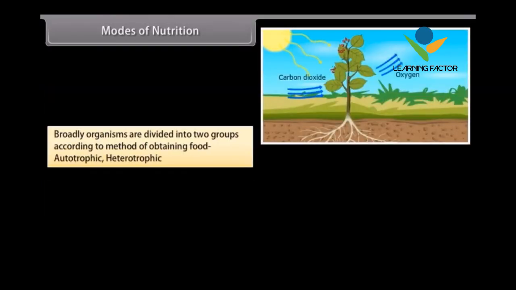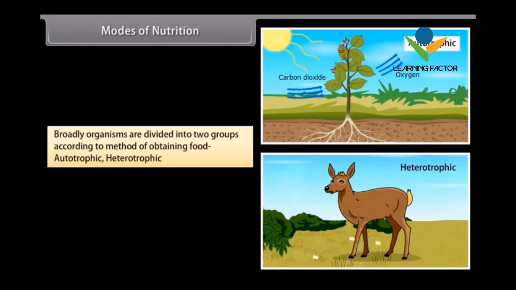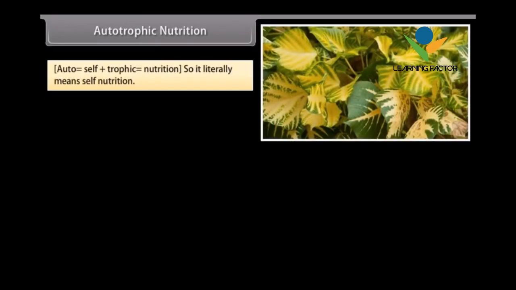Broadly, organisms are divided into two groups according to method of obtaining food: autotrophic, heterotrophic. Autotrophic nutrition. Auto means self and trophic means nutrition. So it literally means self-nutrition.